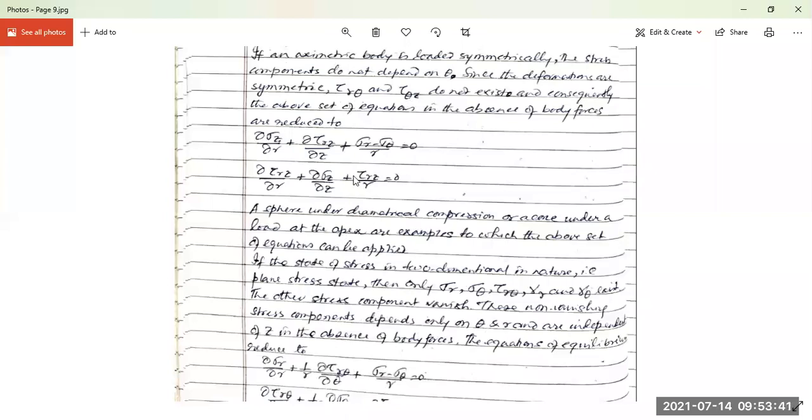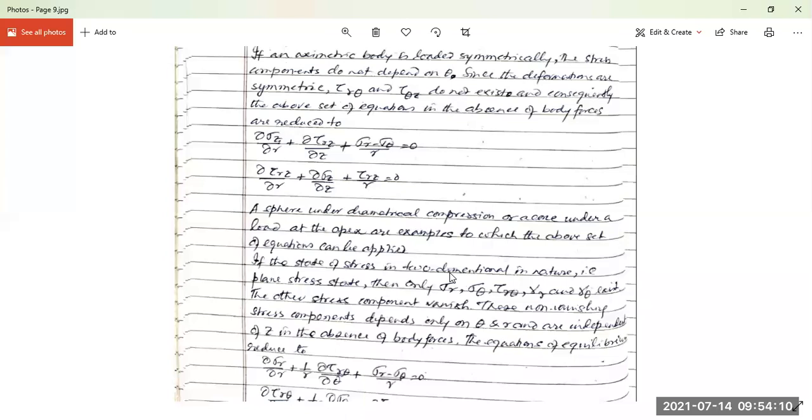Next, we are assuming different axisymmetric cases. First, the load is symmetrical. Symmetrical means this body is totally symmetrical, equally spaced along its longitudinal axis, and it is loaded symmetrically.